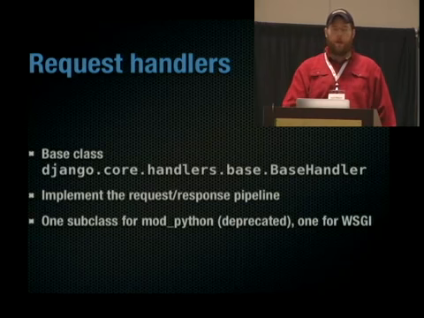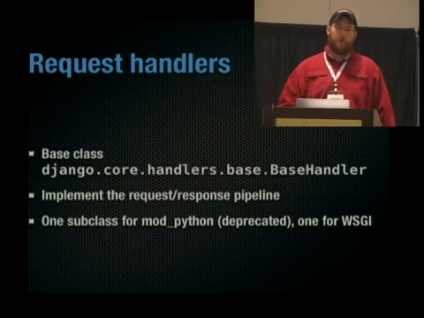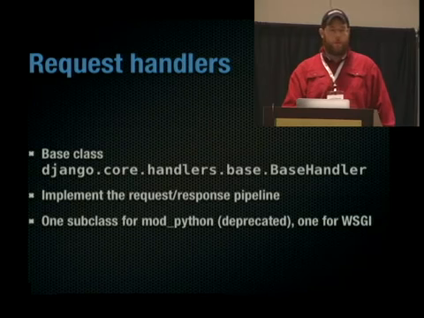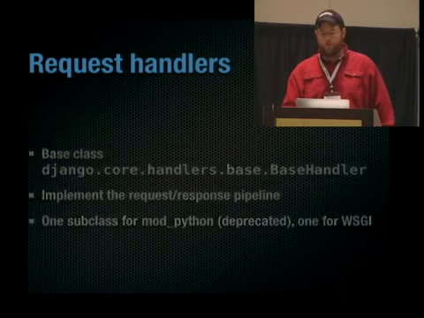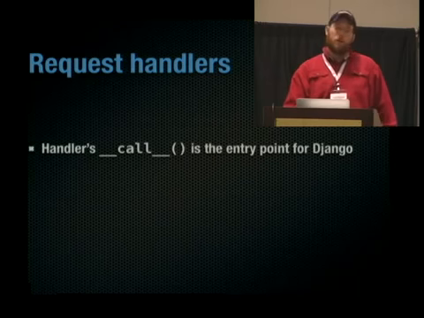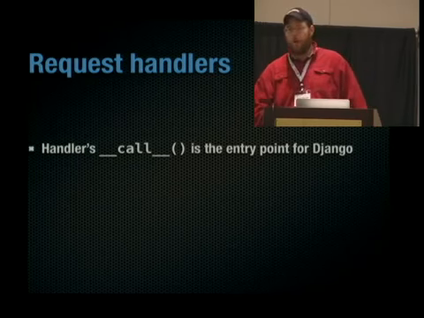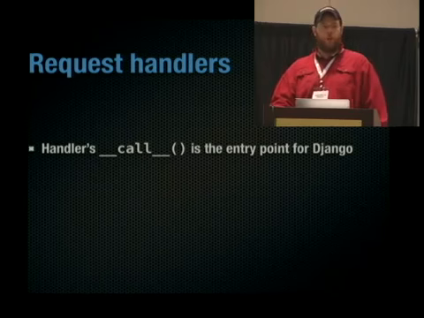We also have mod Python, which is deprecated, and we have WSGI, which going forward is going to be the standard request response handler for Django, because really there's no reason to be running Python web applications under anything other than WSGI. Basically, the call method of the handler, which is a callable object, is the entry point for Django.